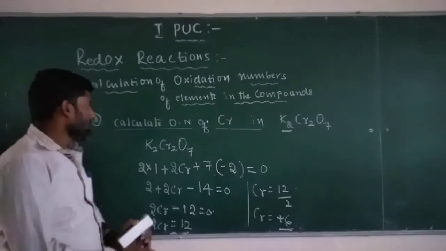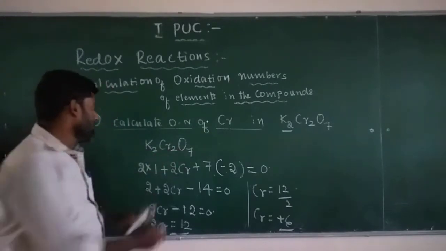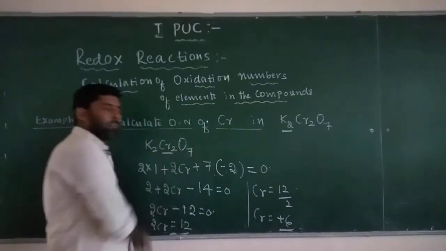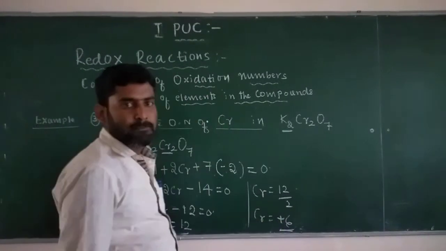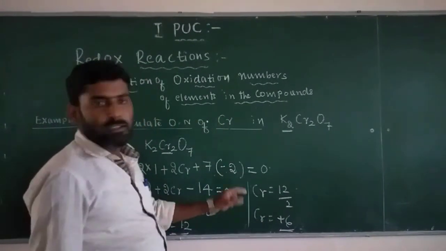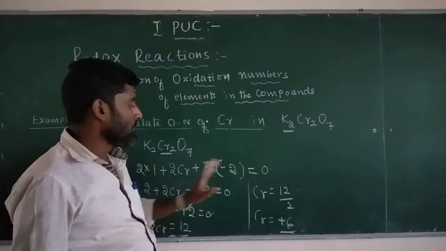So in K2Cr2O7, chromium has oxidation state +6.